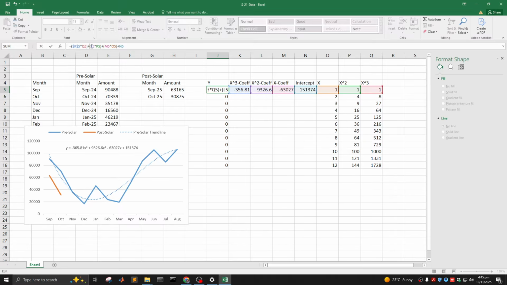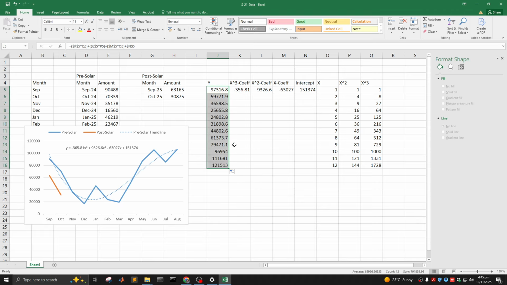So I'm going to put dollar signs in all my coefficients only. The variables don't need to be fixed. Variables will go from 1 to 12, but the coefficients remain the same in all the multiplications. And also the intercept is also supposed to be fixed.